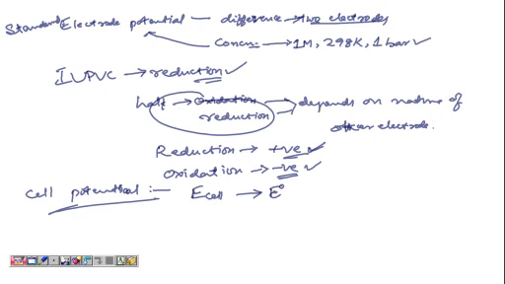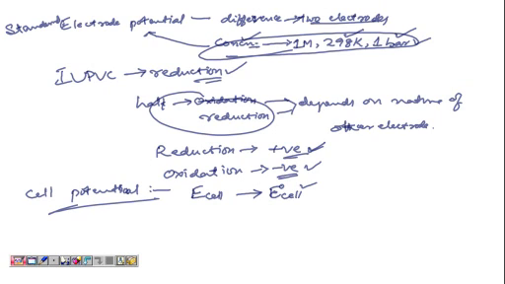If you maintain the standard conditions, like the concentration being 1 molar, temperature 298 Kelvin, and pressure 1 bar, then you can call this a standard cell potential, represented as E naught cell.